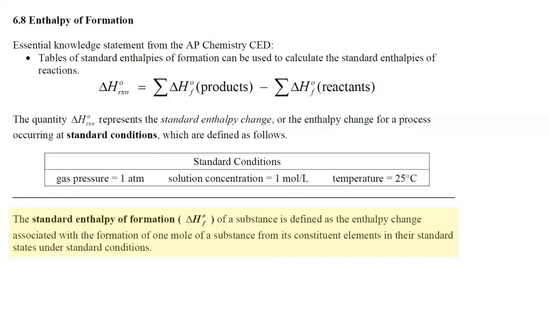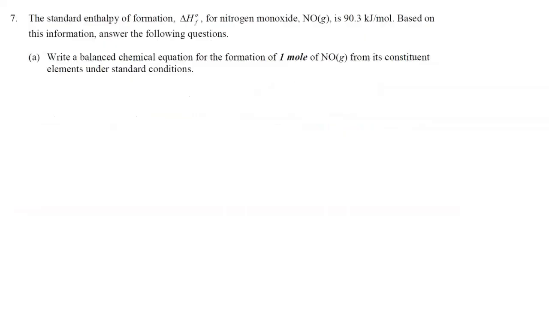All right, let's take a look at number 7 in the packet. We can talk about enthalpy of formation. Question 7 says, the standard enthalpy of formation for nitrogen monoxide gas, which has the symbol NO, is 90.3 kilojoules per mole. Based on this information, answer the following questions.